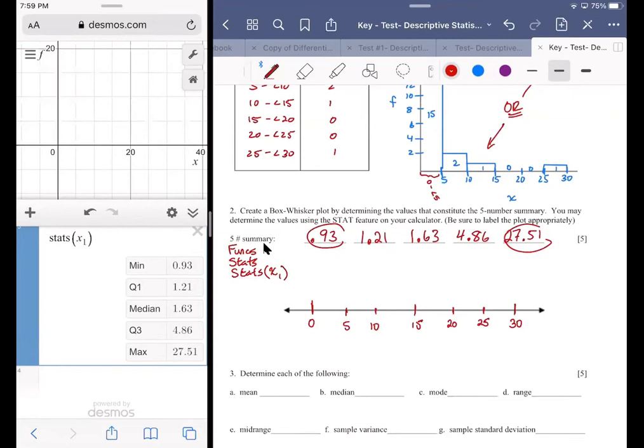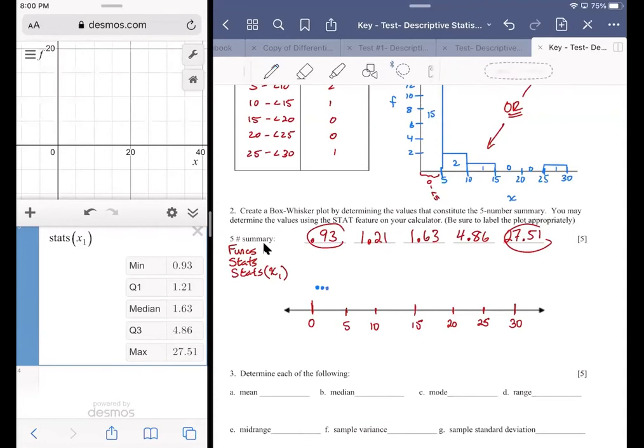So what I do is at some predetermined height, whatever you like, a centimeter above the number line, plot those points. So 0.93, and you're just estimating 0.93, I put it about right there. 1.21, I don't know where that is, but I do know it's got to be a smidge to the right of 0.93. 1.63, smidge to the right of 1.21.